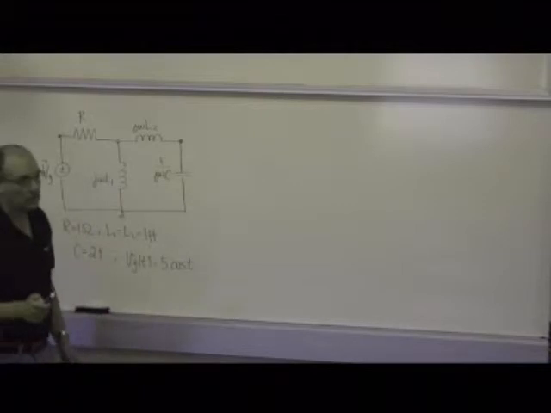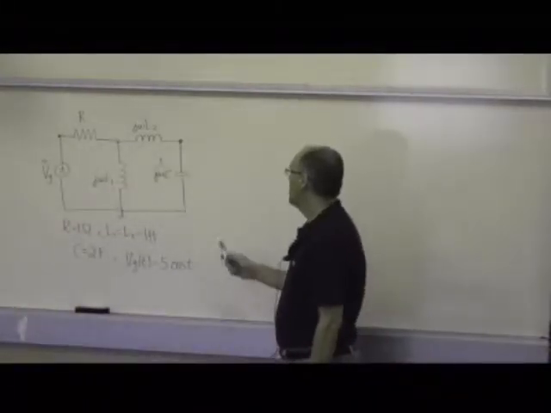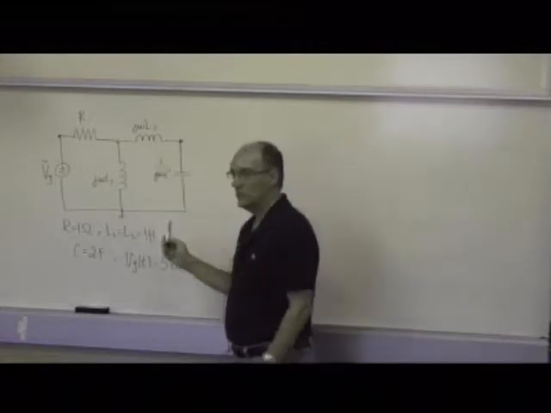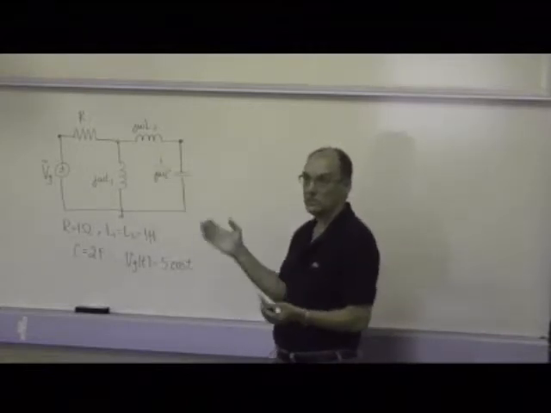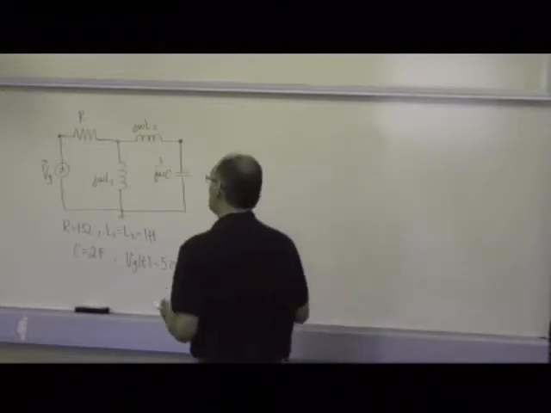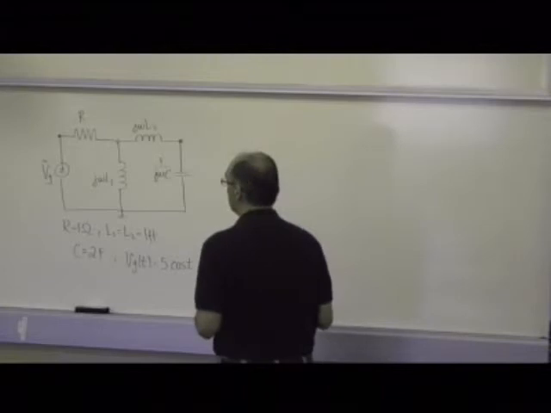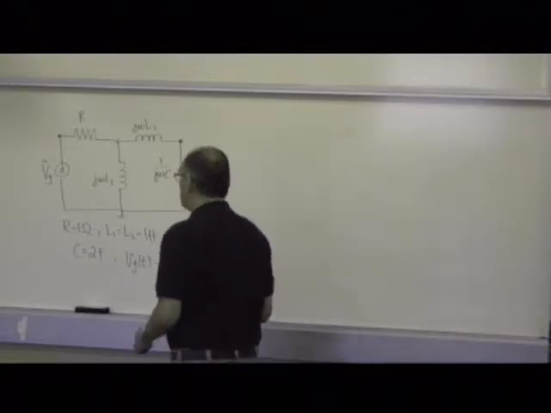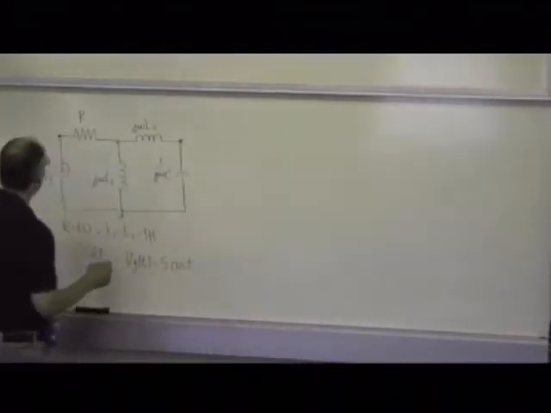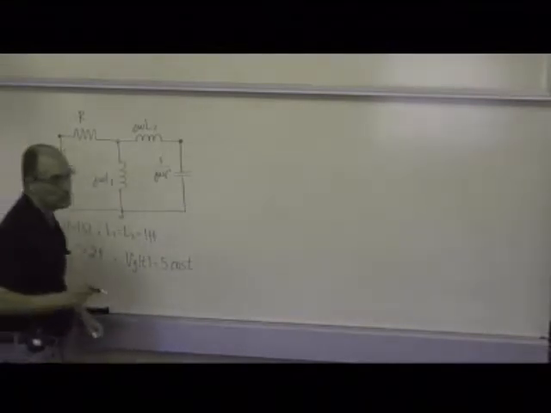So now we're set up for phasor analysis because you can now treat every one of these impedances as if it were a resistor. So everything that you're comfortable doing with resistors, you can do with these numbers as well. The only difference is that they're complex. We need to pick directions, and the only convention that we need to abide by here is plus to minus for a voltage source.